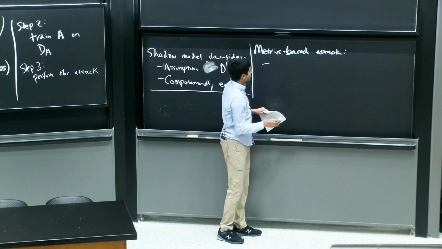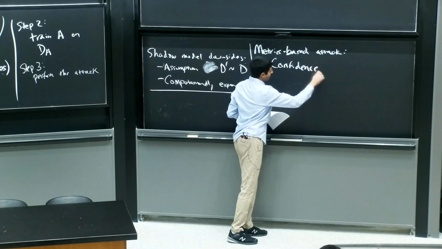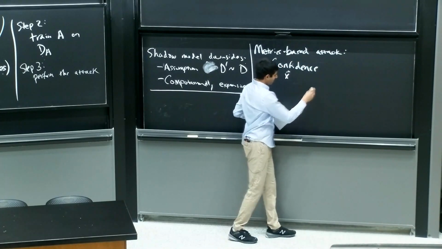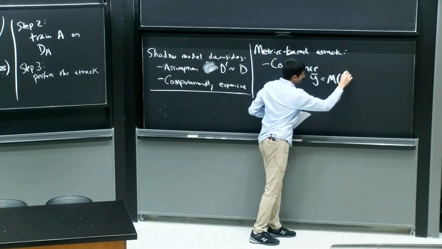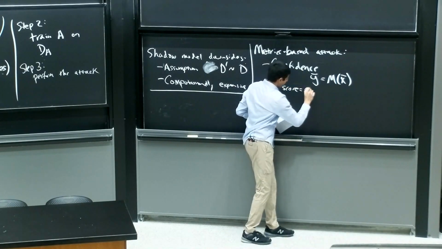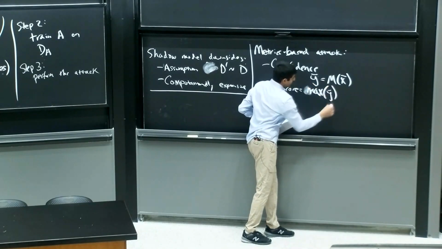So one example of a metrics-based attack is looking at confidence. The attack just takes in your x, you compute y as M of x, and then the score is just the max of this output vector.